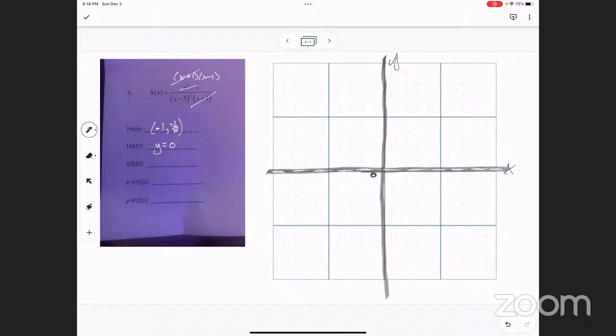The degree of the numerator is 1 right now, right? Mm-hmm. Your simplified expression is just x minus 1 all over x minus 3 squared. So whenever it's bottom heavy, when the degree is bigger on the bottom than it is on the top, that means the horizontal asymptote is your x-axis, which is the line y equals 0.